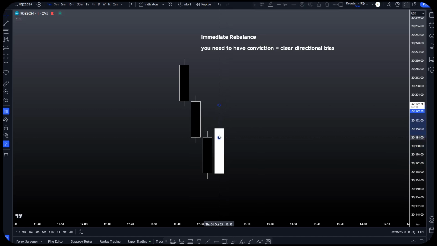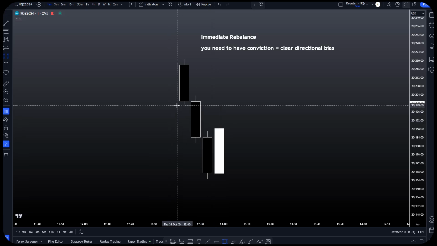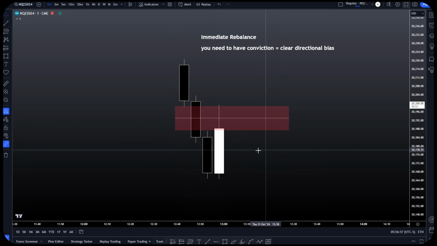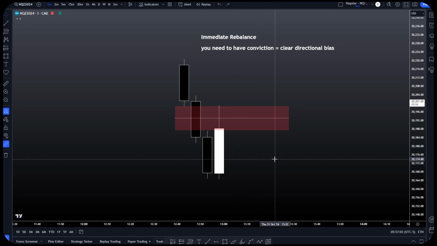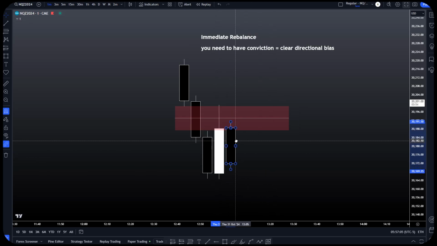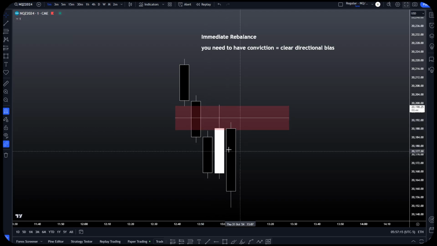That would be a normal rebalance towards a fair value gap. Now if the next candle leaves the gap like this, the gap is now rebalanced. Very simple, everyone knows this.